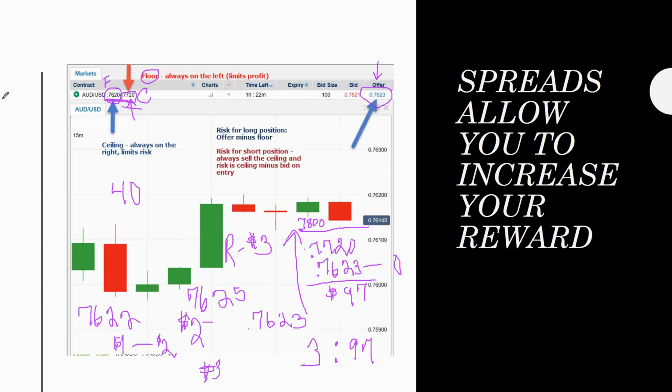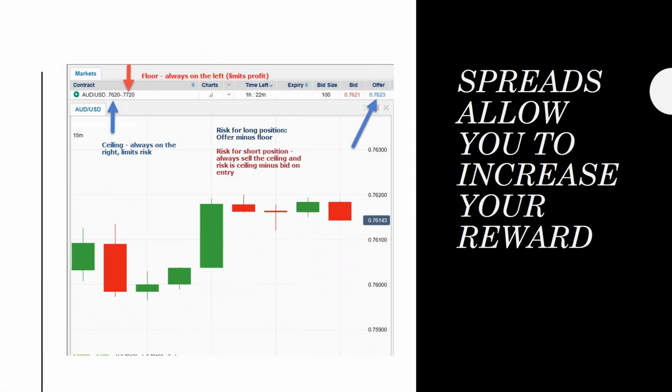Now, remember also that this is actually to buy. Everything that I just explained was buying the floor and profit limited by the ceiling, okay? What if you're going short, okay? If you're going short, okay, then you're selling the ceiling and the profit is limited by the floor, okay?